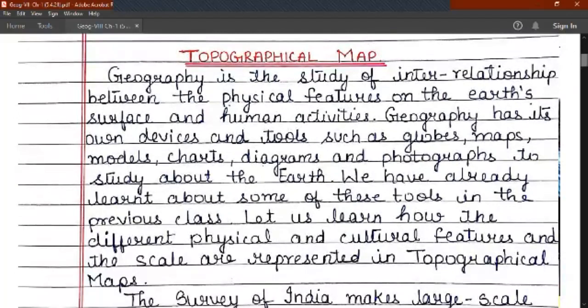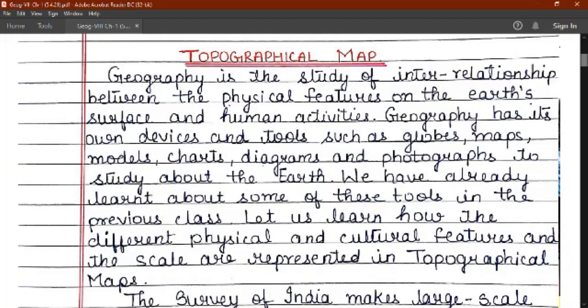Students, geography is the study of interrelationship between the physical features on the Earth's surface and human activities. Geography has its own devices and tools such as globes, maps, models, charts, diagrams, and photographs to study about the Earth.